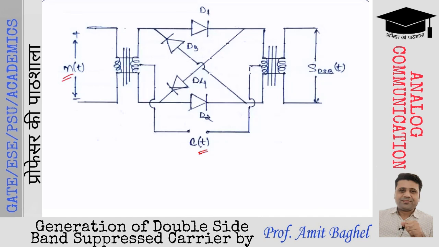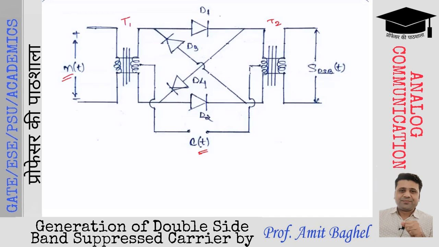We have 2 transformers, T1 and T2, or better to say we have 1 center tap transformer. Center tap transformer means c(t) is applied to the middle of the windings of the center tap transformer.